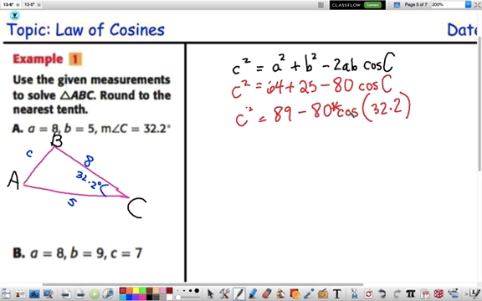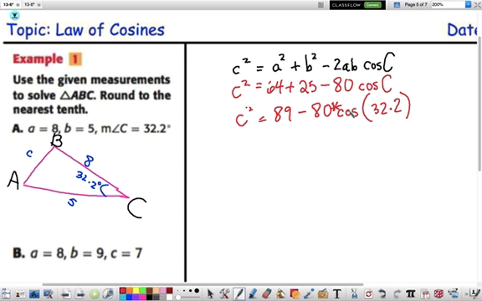If you do 89 minus 80, that's going to give you 9, and then you're going to do times cosine, and you're going to get the wrong answer. You need to enter it in like this. 89 minus 80 times cosine, whatever your angle is. What'd you get?